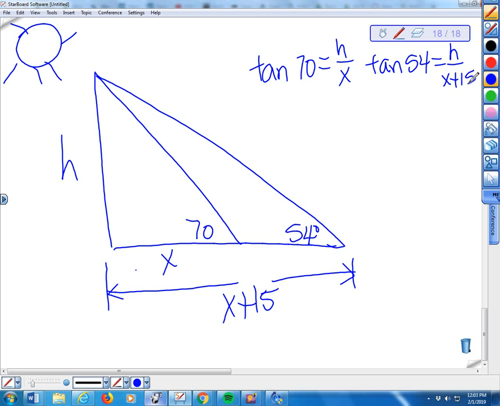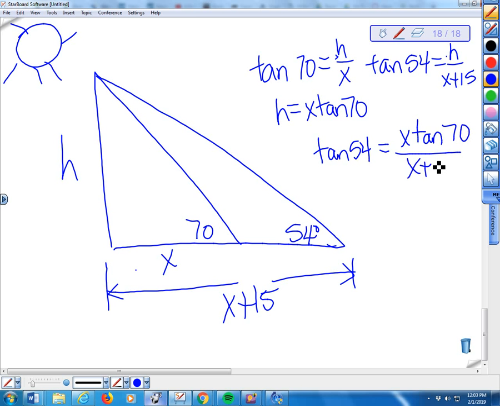So I can solve for h here, plug it in for h here because it's the same h, same height. h equals x tangent 70. So over here, tangent 54 equals x tangent 70 over x plus 15. With me so far?